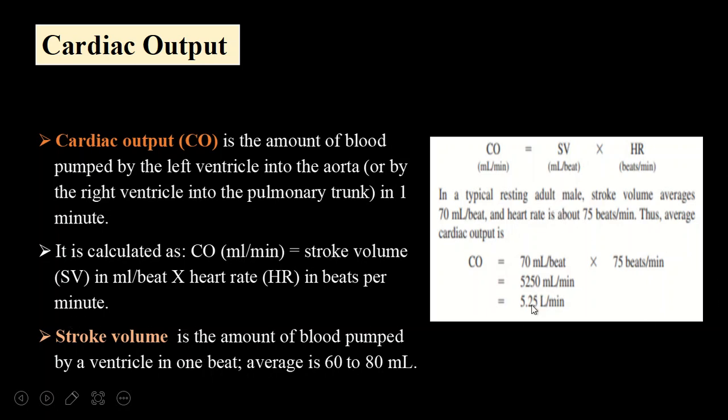So for example, in a typical resting adult male, stroke volume averages 70 ml per beat and heart rate is about 75 beats per minute. Thus, to get the average cardiac output, you are just going to multiply the stroke volume and the heart rate. The stroke volume is 70 ml per beat times the heart rate, which is 75 beats per minute.